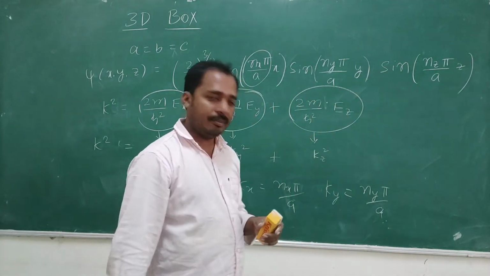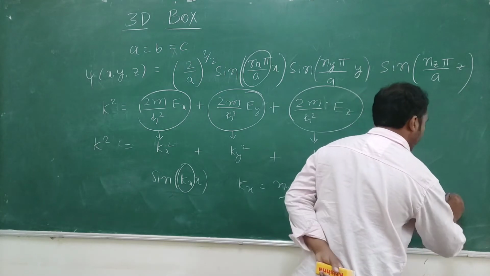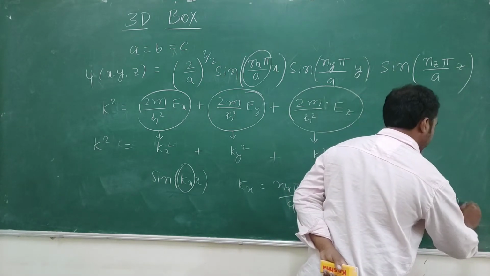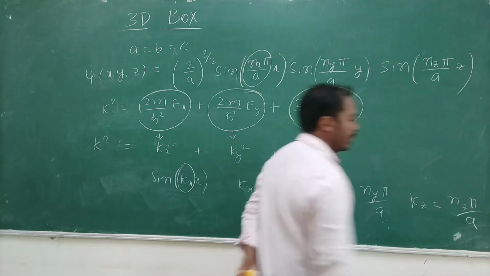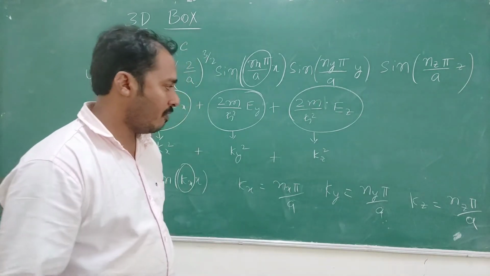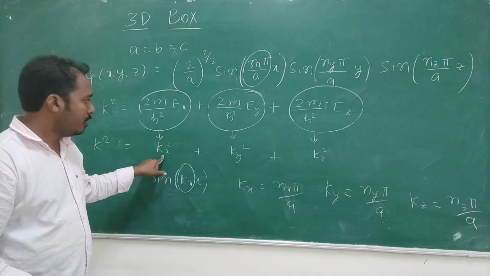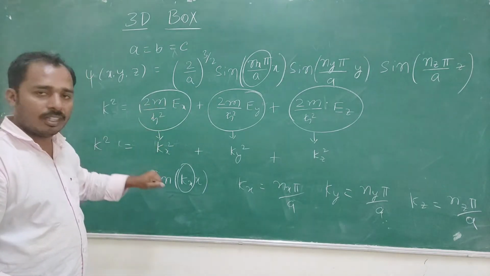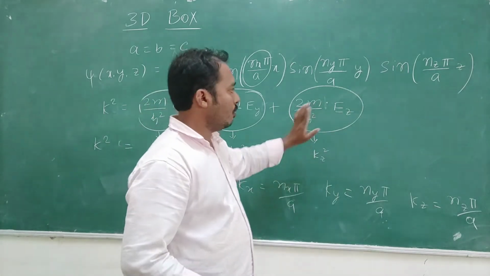Next, similarly, kz is equal to nz pi divided by a. So these are kx, ky, kz. We have kx square, ky square, and kz square equal to these.